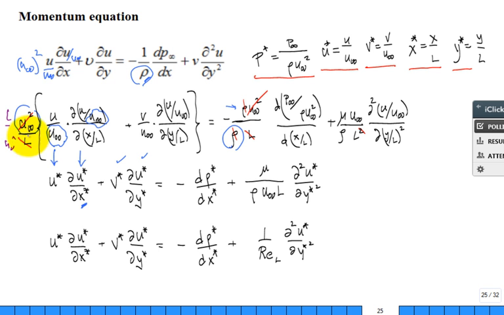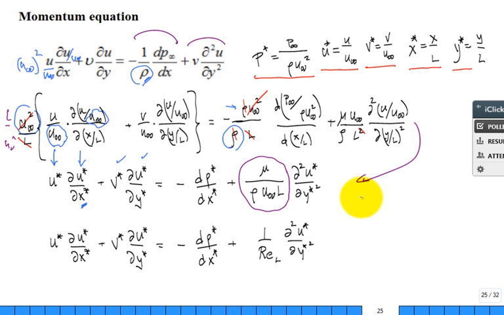That way the L's cancel, the u infinity cancels. It does it on this term right here, but then doesn't do it completely on that term, because what you're left with is this group of terms after you do some algebra.